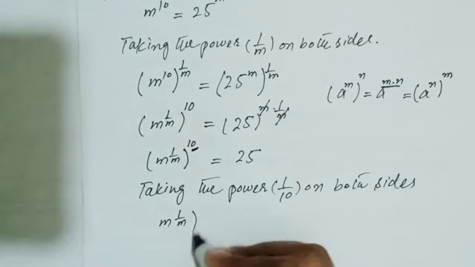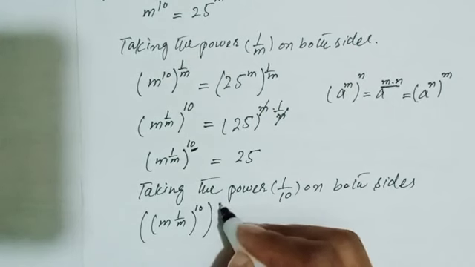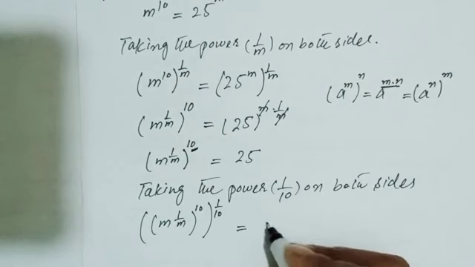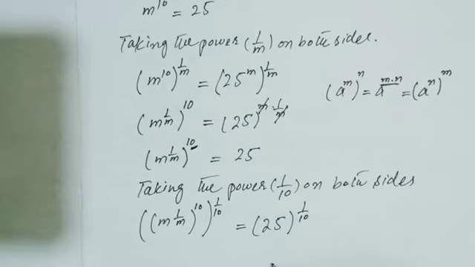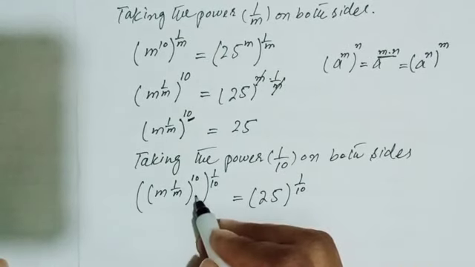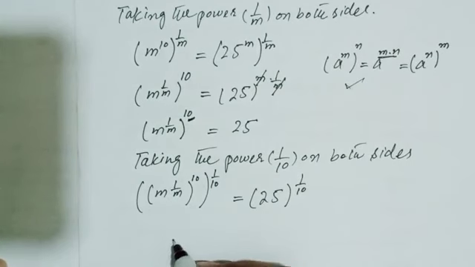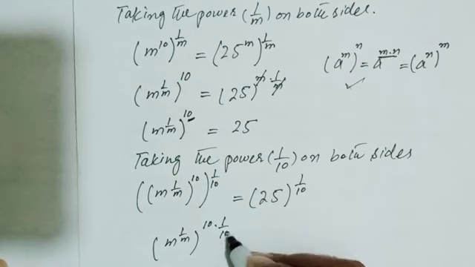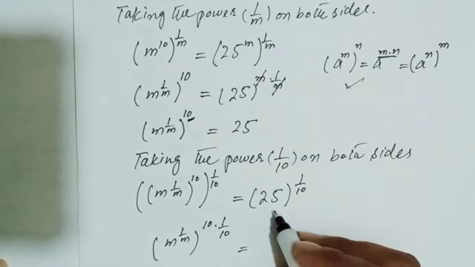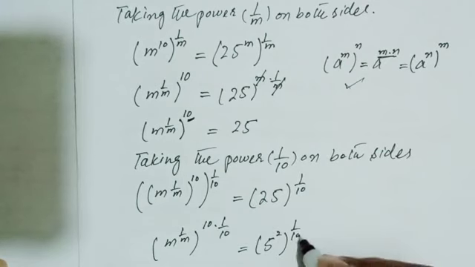m to the power 1 by m to the power 10, and its power 1 by 10, equals 25 to the power 1 by 10. So further I can use again this rule, m to the power 1 by m to the power 10 to 1 by 10, and I can write 25 as 5 square to the power 1 by 10.